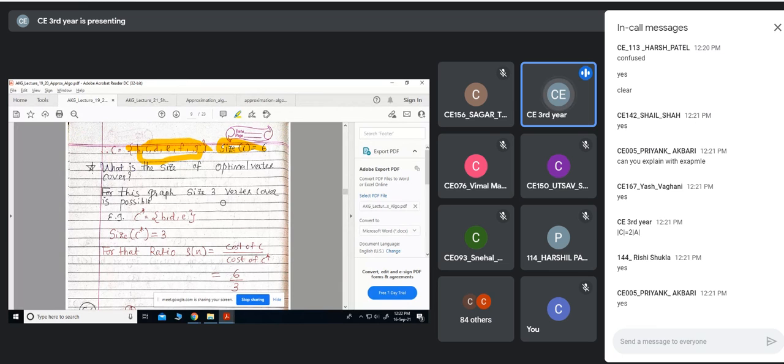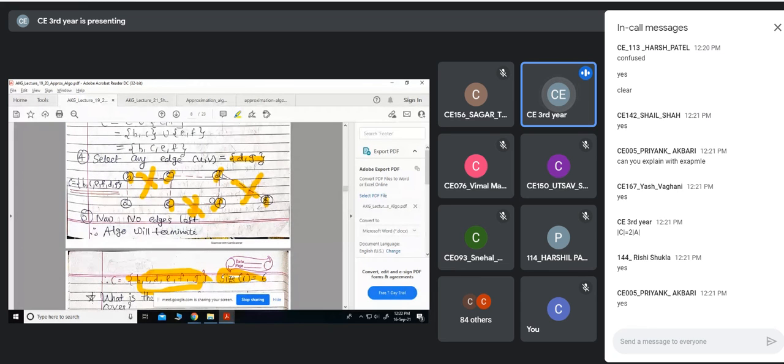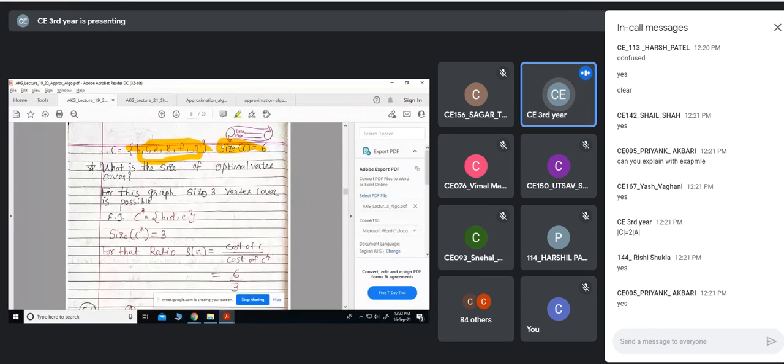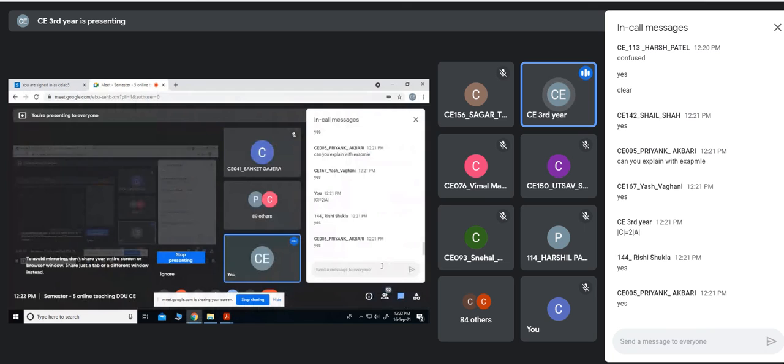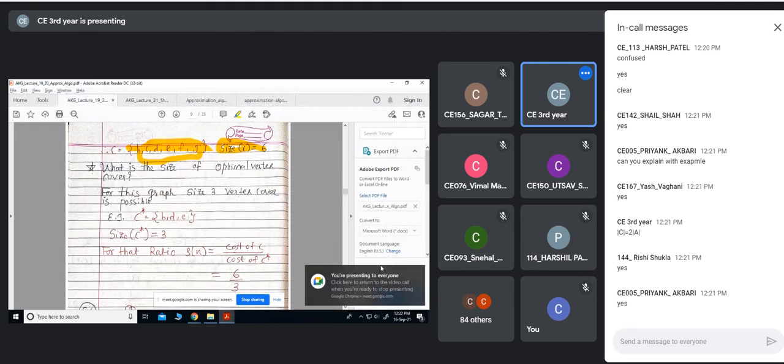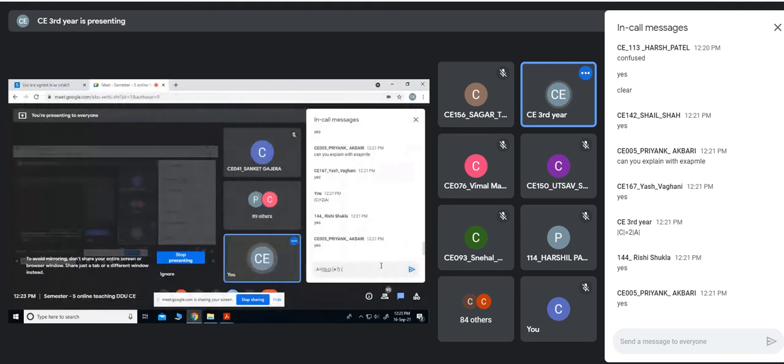And what is the number of edges? If you write it, A is equal to BC, EF, and DG.